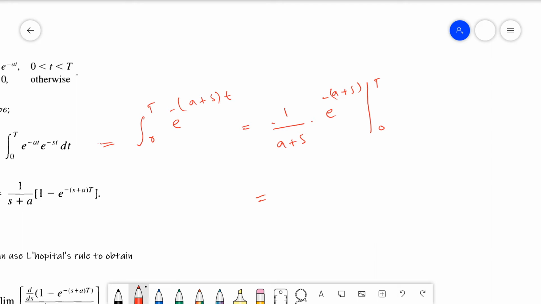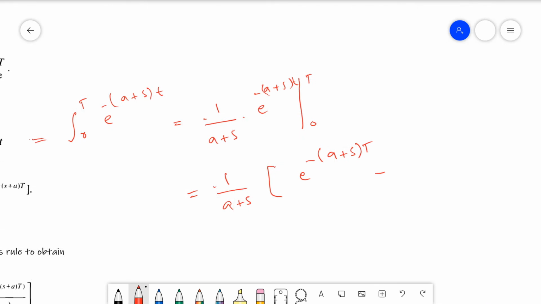So if we apply the upper and lower limits, we will get e raised to the power minus (a plus s) into T, minus, when we apply 0 it will be 1.